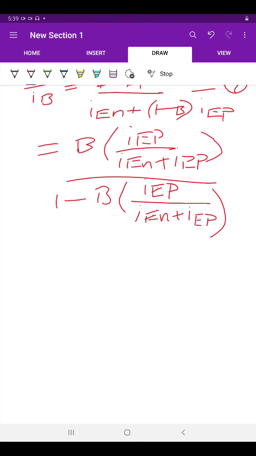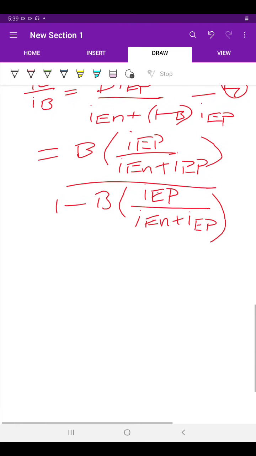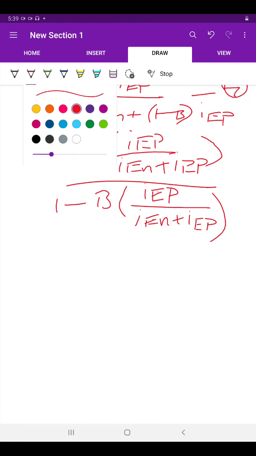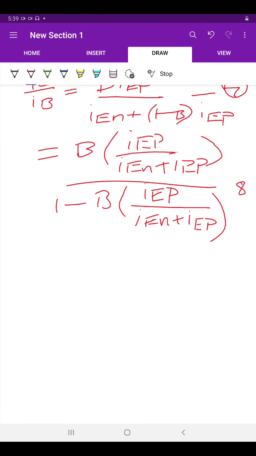So this is the simplification. We'll take this as equation 8.